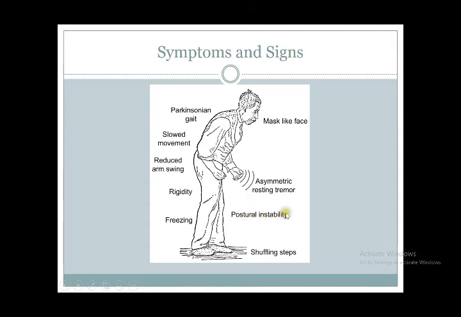Patients have postural instability. If you check their postural stability, it will be positive and they have a tendency to fall. Patients will present with shuffling steps and freezing, basically the stoppage of gait for a brief moment, and on examination you will see rigidity. When you check for tone, arm swing will be decreased, and there will be overall slowed movement.